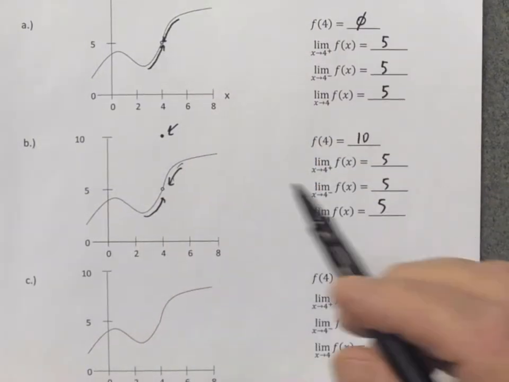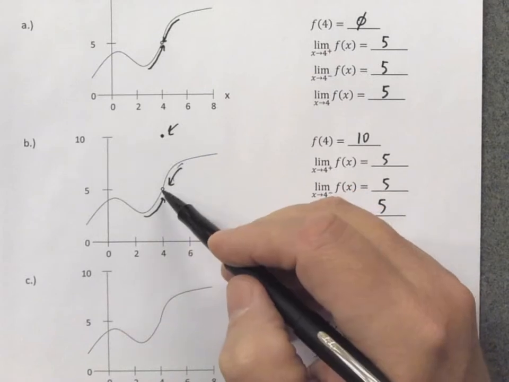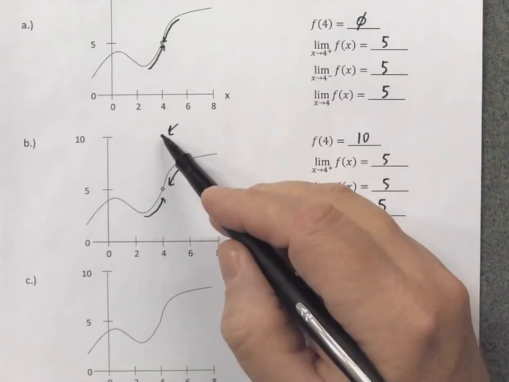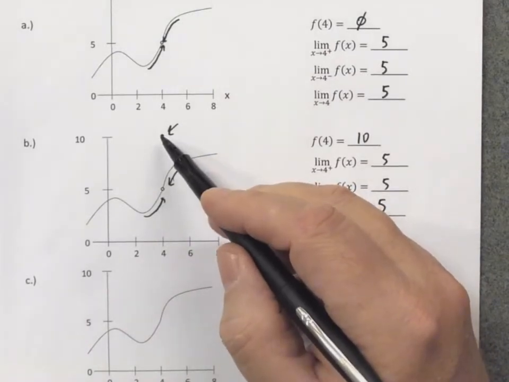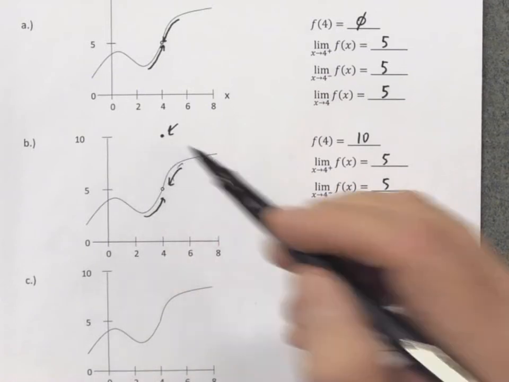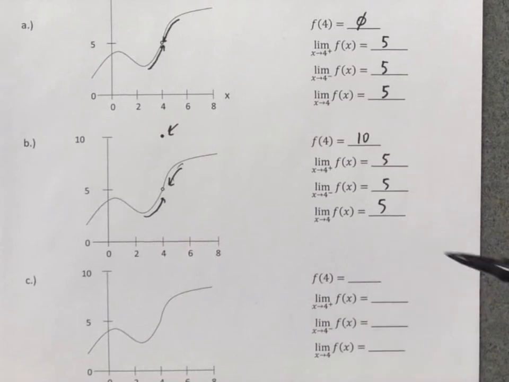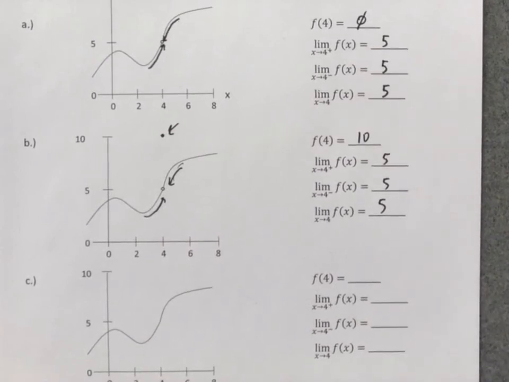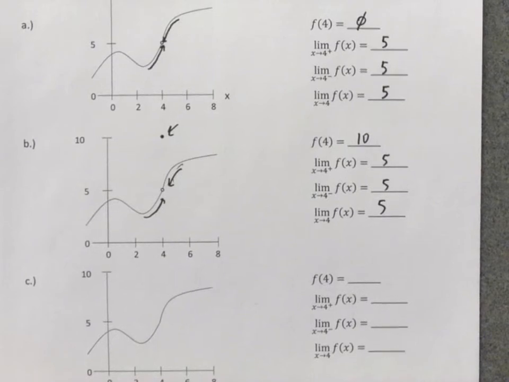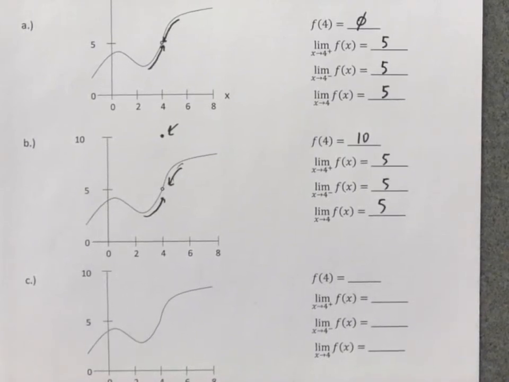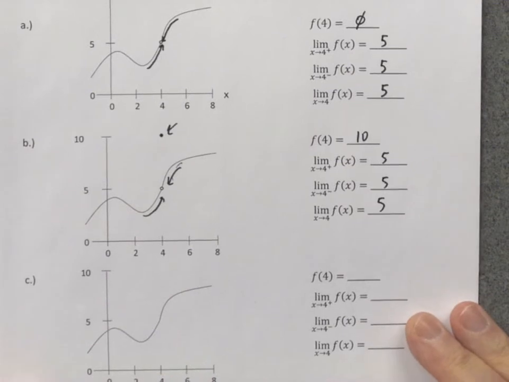What's interesting is that even though when x is 4 the function actually equals 10, the limit as x approaches 4 is still 5. Because once again, the limit is not asking what is the function at that value of x. The limit is asking what is the function as you approach that value of x. All right? Hopefully that's clear in your mind.